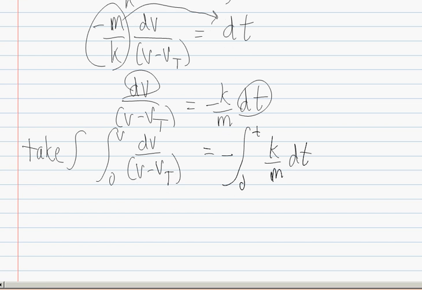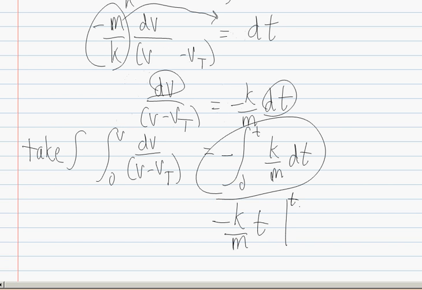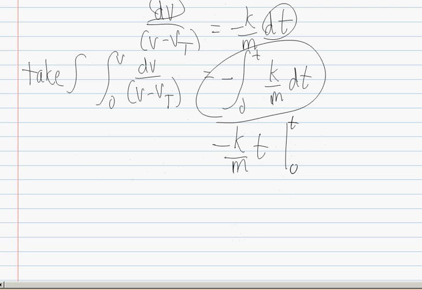Well, this seems like it's not that big a deal. The right-hand side is going to integrate pretty easily. You're just going to get negative k over m times t, evaluated from t to 0, which is just negative k over m t. Okay, so this side, the right side, is pretty good.